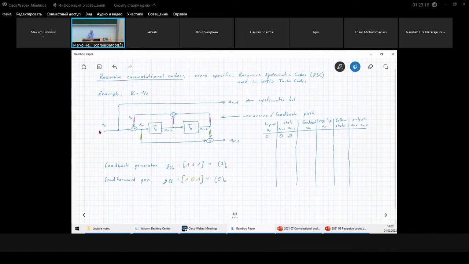Of course, the 0 at the input has right away the consequence that the first output bit will be a 0. This is the easiest question to answer here. So x1 is 0.